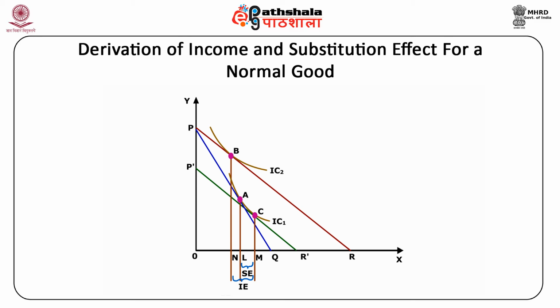Thus, point C shows the new consumer's equilibrium when only the relative price of the commodities has changed.